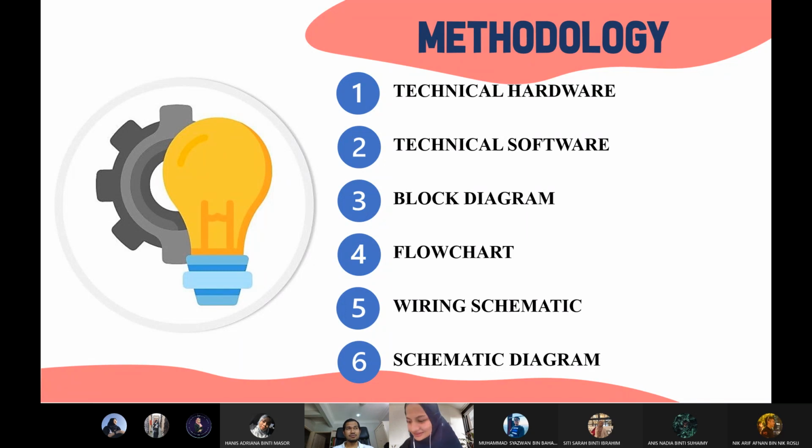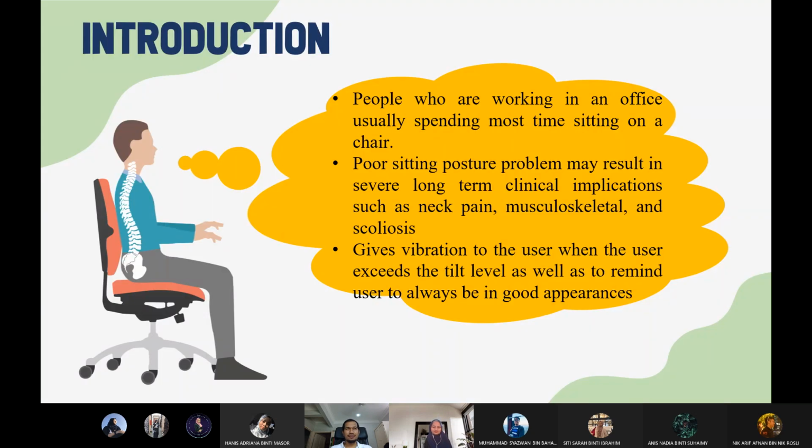I know that limitation, but as you mentioned in your introduction, you have to cover that because you are in the medical electronic program. You wrote scoliosis, so people will be interested to know further what that design can solve. Then I can see your project is really useful.